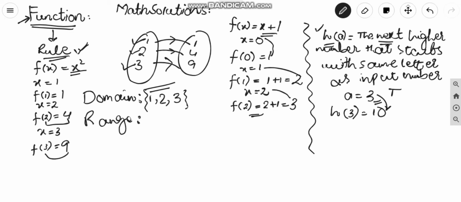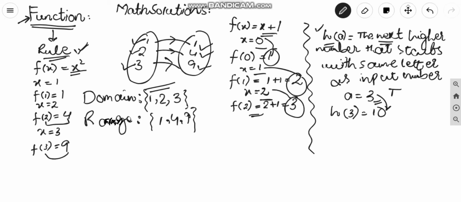The set of numbers that we get out from the function as a result is called the range of the function. In this function, 0, 1 and 2 is the domain of the function, and 1, 2 and 3 is the range of the function.